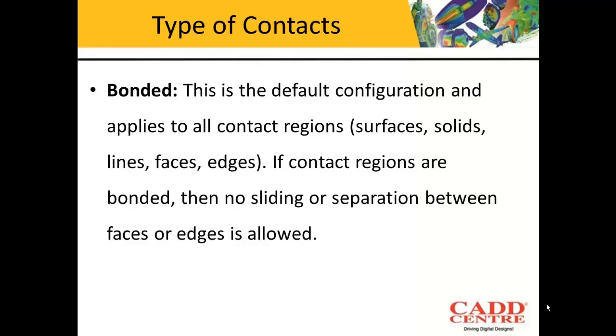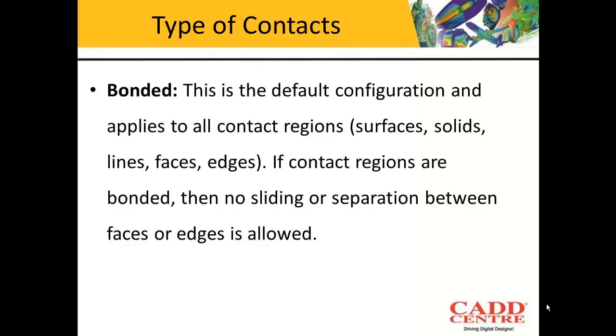So even if there is a visual gap between the two plates, but still I want to say that these two plates should not move about each other, you can apply a bonded contact over there. So that means even if the plates don't touch each other, and still I want to say that they are not going to move nor slide, you can assign a bonded contact.